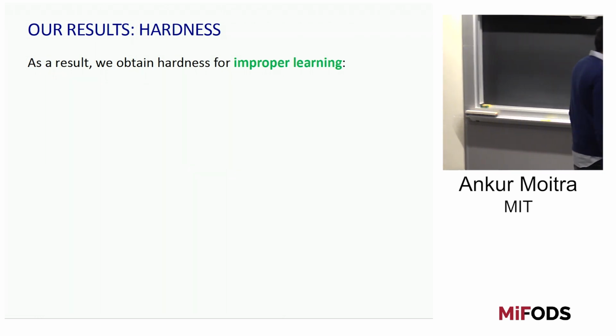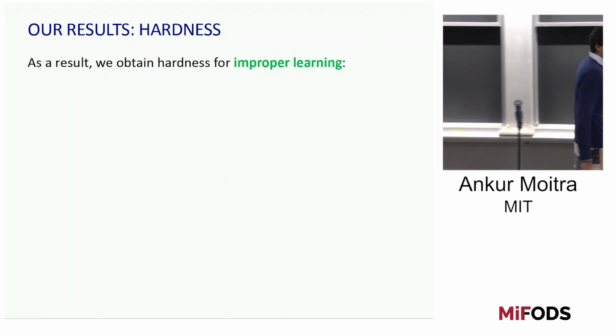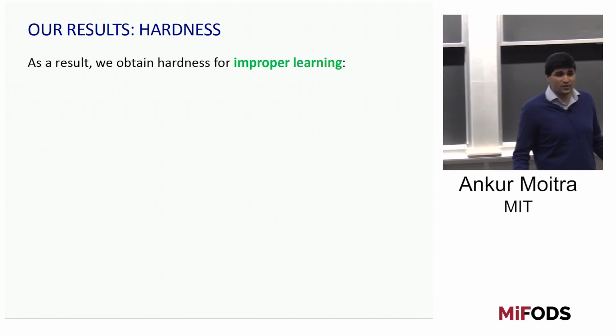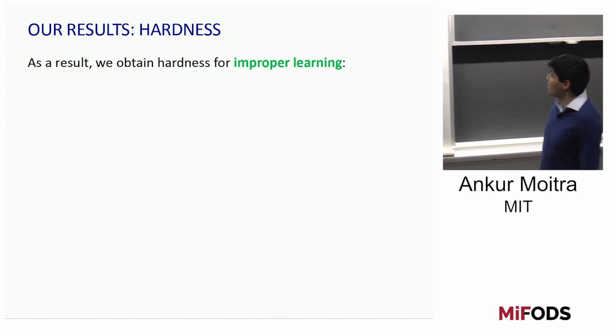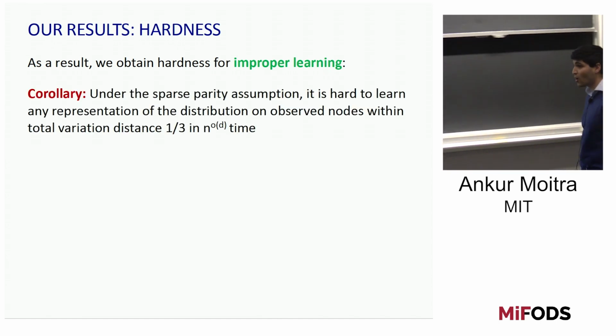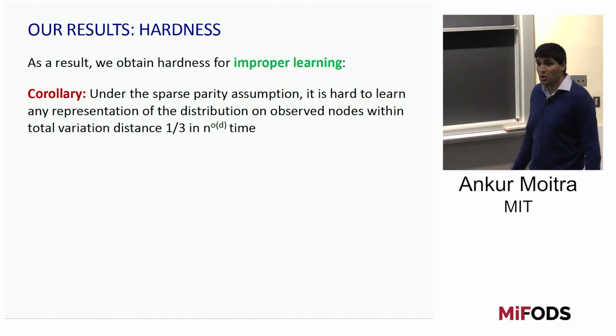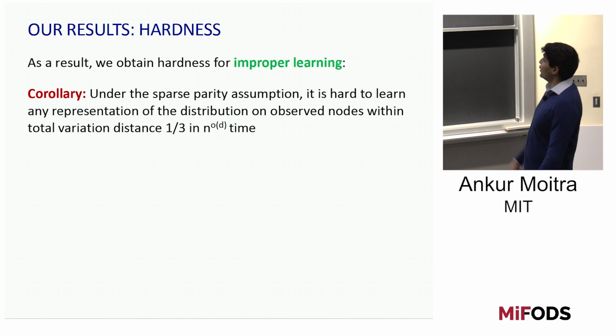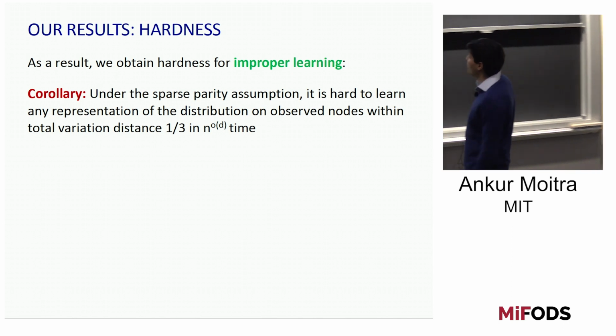Now, this statement already gives us some very strong negative results about learning. In fact, even worse, it gives us hardness of improper learning for RBMs, because based on the same connections about why Markov random fields are hard to learn, using this equivalence between MRFs and RBMs, you immediately get that sparse parity with noise tells you that all kinds of things in the context of RBMs are hard.